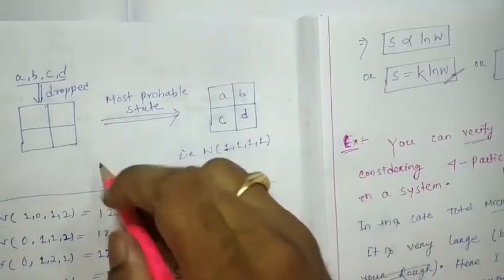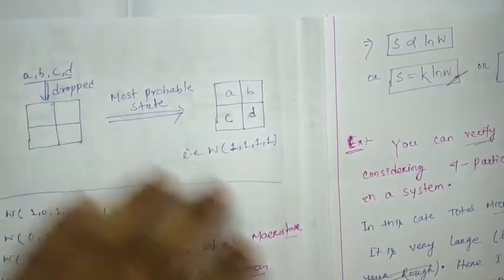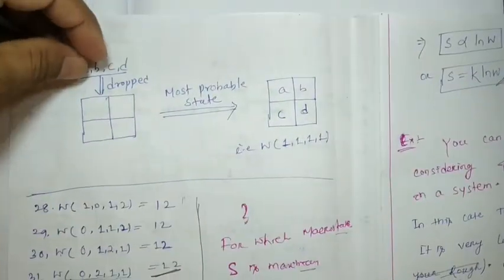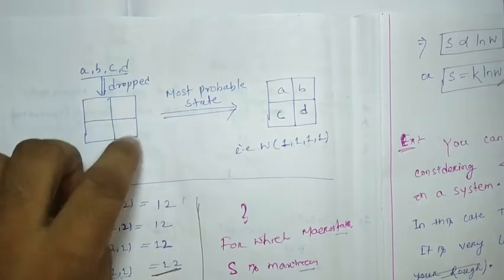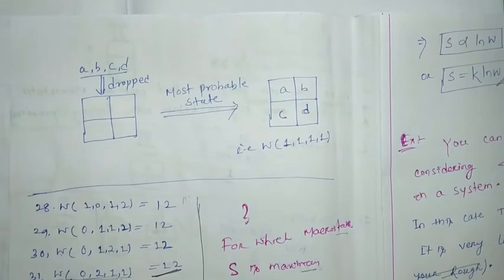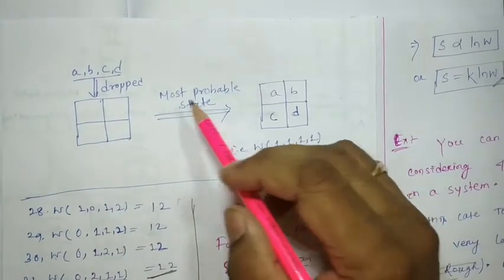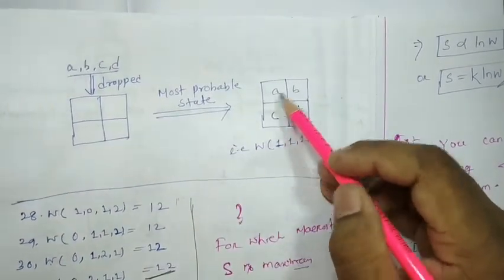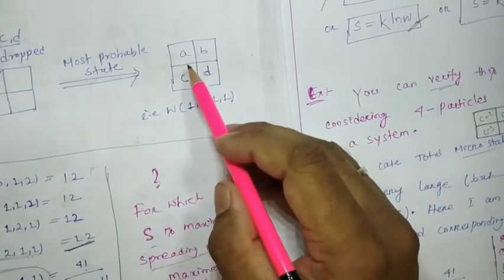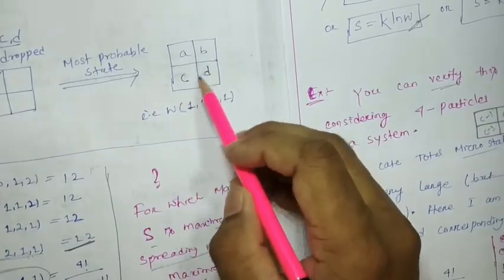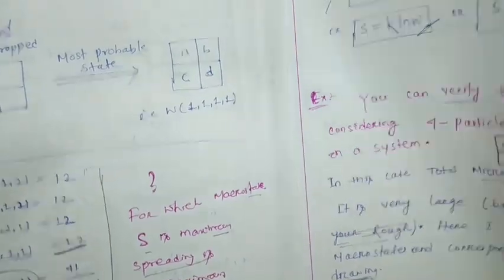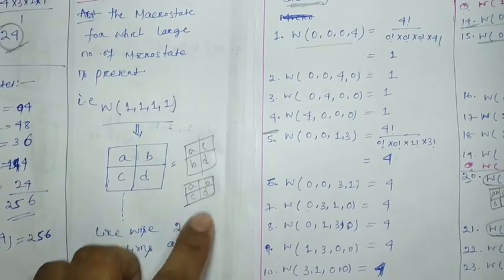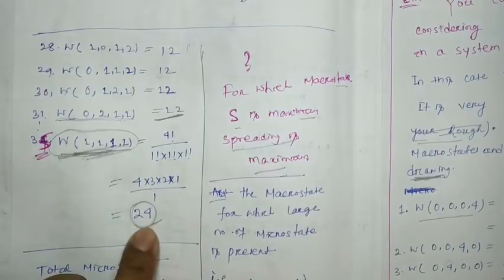Here I have written: if I drop 4 particles A, B, C, D from above into this box having 4 compartments, then the most probable state will be this one, ABCD. That means each compartment is filled by one particle. That may be ABCD, ACBD, any one of the 24.